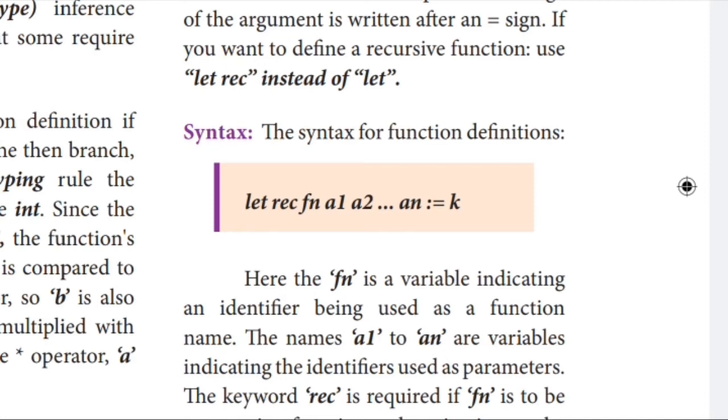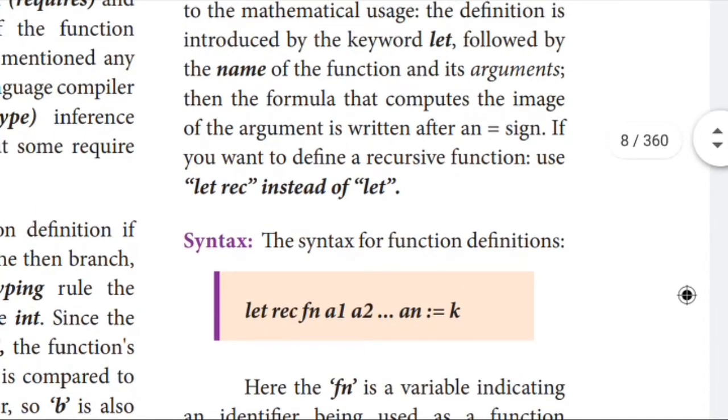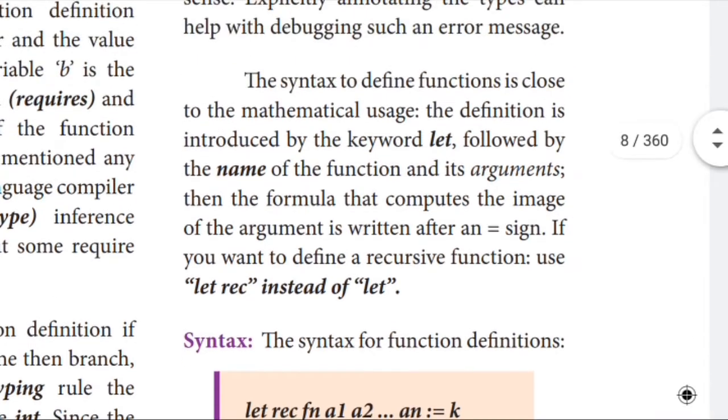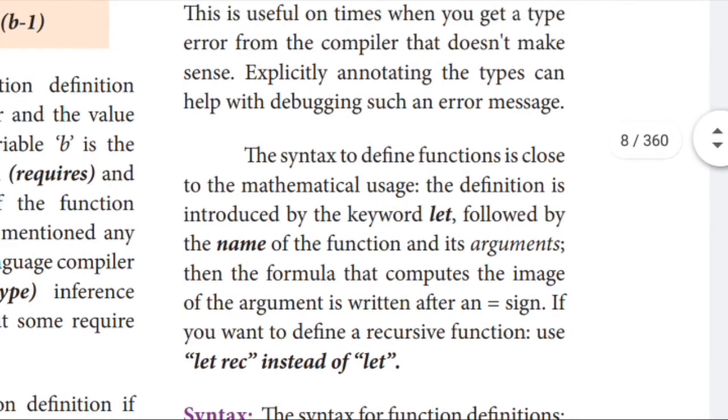Here let is mentioning that in this line a function is going to start. Likewise, let is a keyword to mention a function. And rec, let rec instead of let. If we simply use let, it will give one meaning, and if we use let rec, it will give another meaning. See, this is explained in this paragraph.